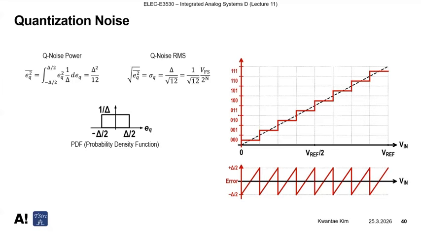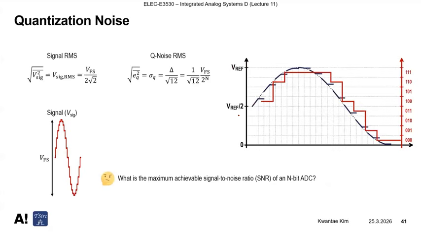So sometimes we write or depict this parameter in a simpler format, which is sigma q. So after taking the square root, you get delta over square root of 12. And remember, the delta we have already studied, which is full scale voltage over 2 to the power of n in ADC.